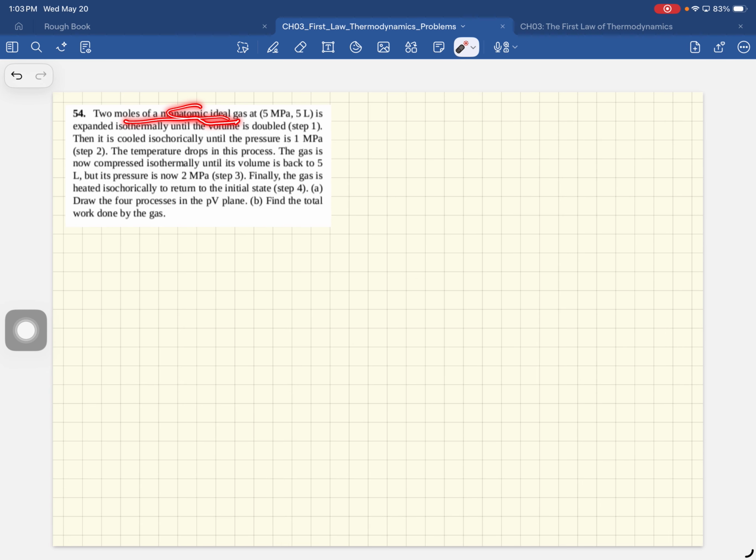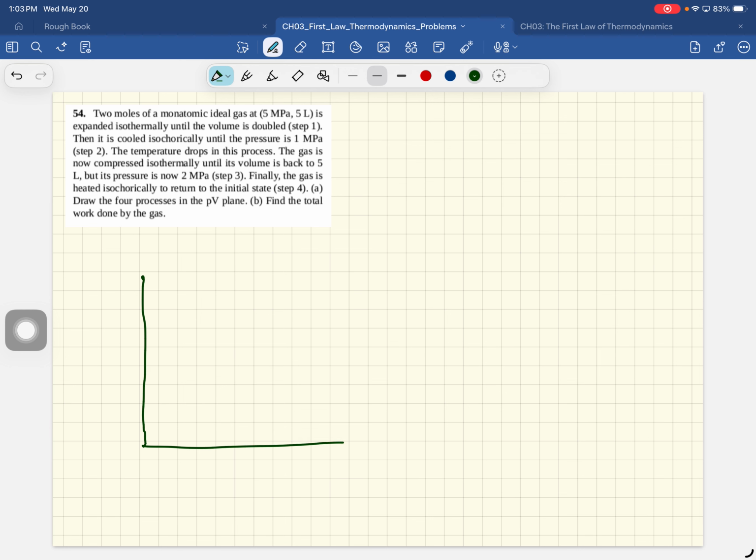Find the change in internal energy between C and A. How much did the internal energy change? Change in internal energy from A to C is equal to change in internal energy from A to B plus B to C. 3,600 plus 400, 4,000 joules.